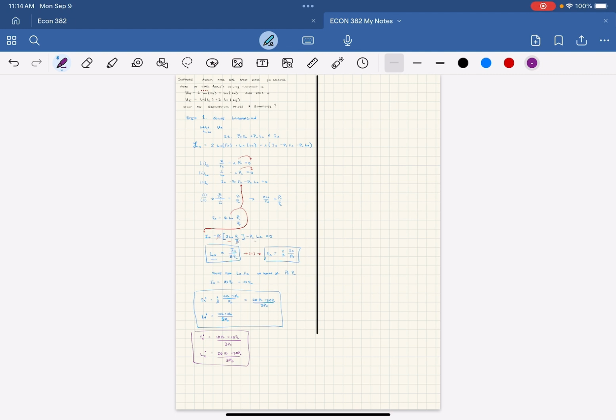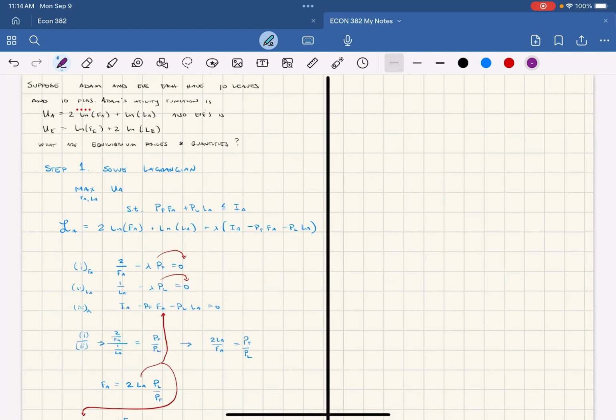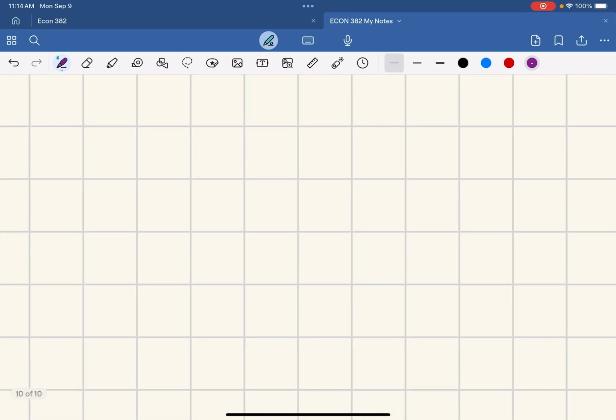But we don't have our prices yet, so we want to be able to solve for what the prices will be. So let's go ahead to step 2. So step 2 is substitute into the market clearing conditions.